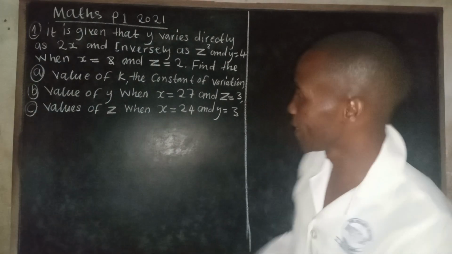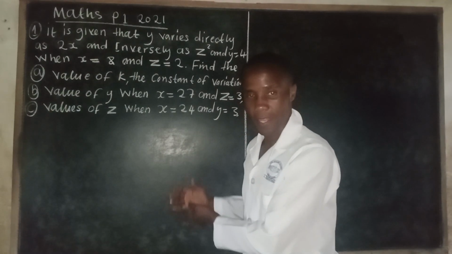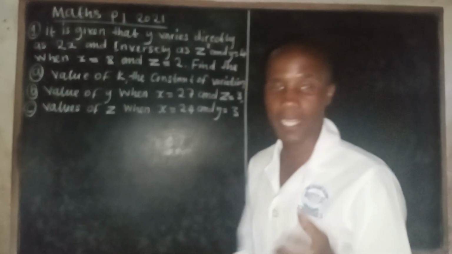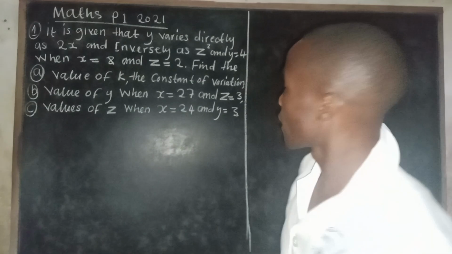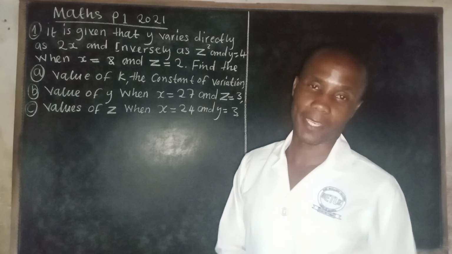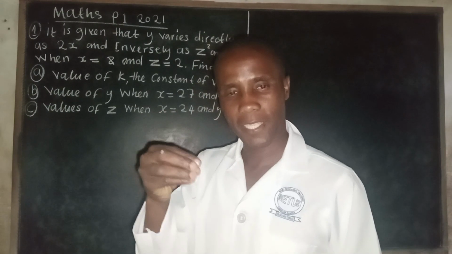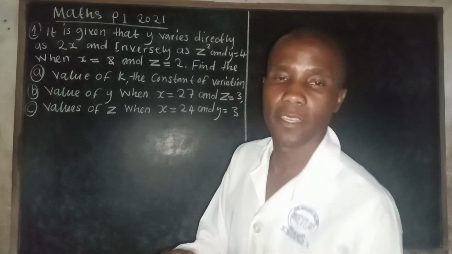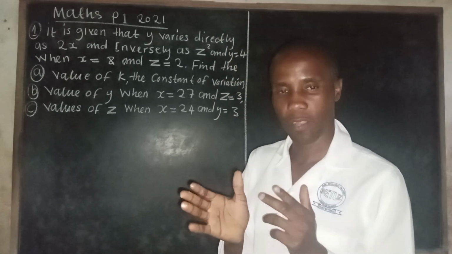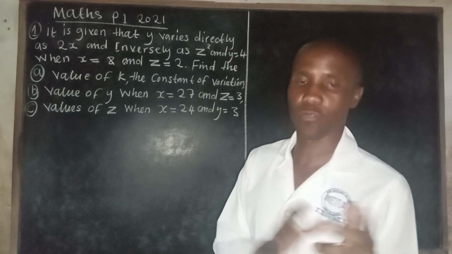So where is this question coming from? This question is actually coming from the topic called variation. Once your mind tells you that, then you'll be able to know the direction to go.